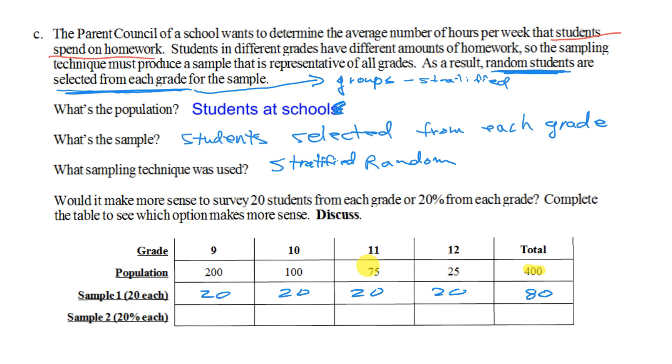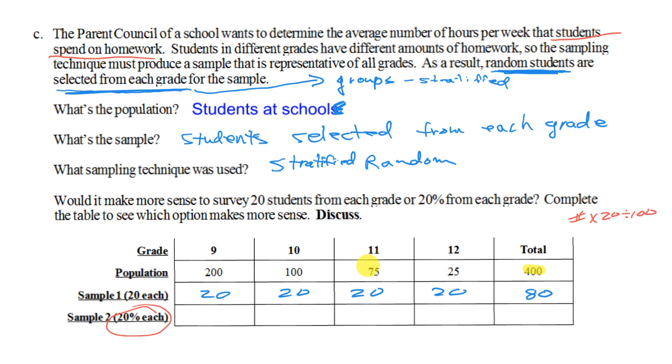Now, let's say that instead I wanted to take 20% of each grade instead. So remember, to get 20%, we take the number, multiply it by 20, and then we divide by 100, and we get an answer.